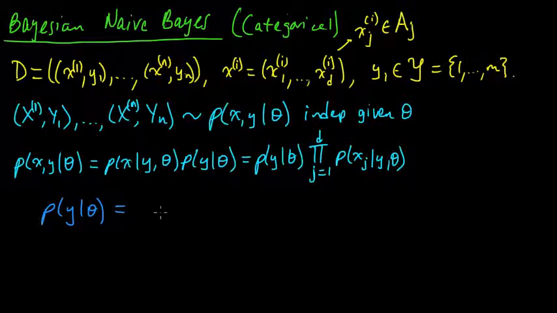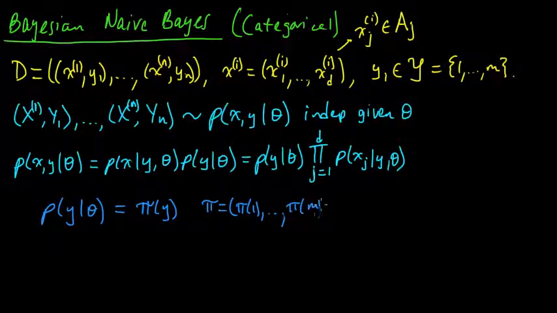Actually, I don't want to call it theta because we're going to have more parameters, so let's call it pi. Pi is going to not be the number pi, but just a vector of numbers, pi_1 up to pi_m, since there are m of these.